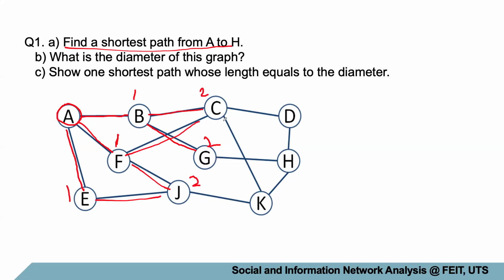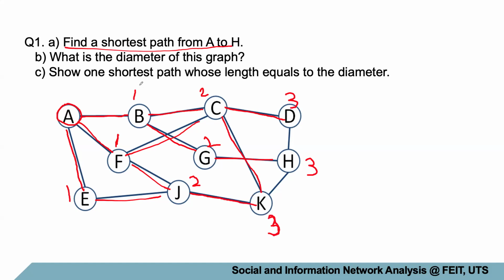And then we continue from the neighbors' neighbors. We go from C to D, this is distance 3. C to K, distance 3. And from G, we can go to H, distance 3. And from J, we can go to K, distance 3.